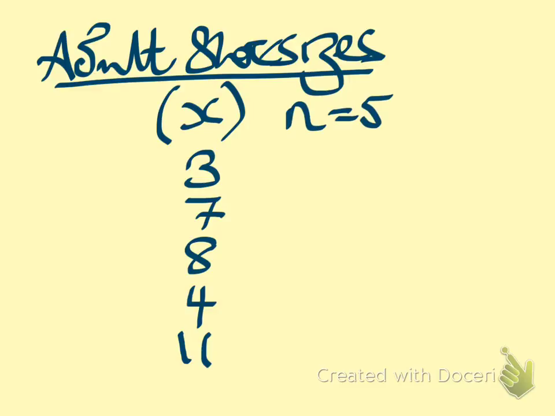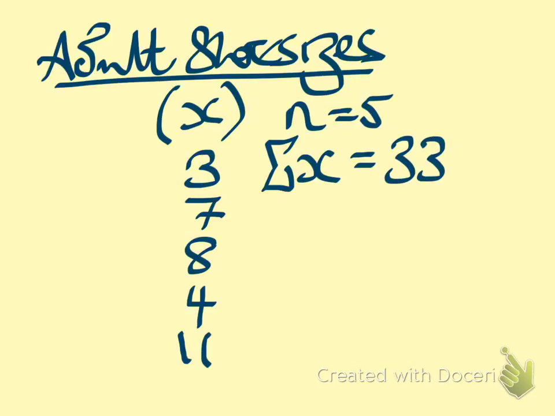We know that our X variable sums, using the mathematical sign for summing, to 10, 21, 29, 33. So the sum of these is 33.